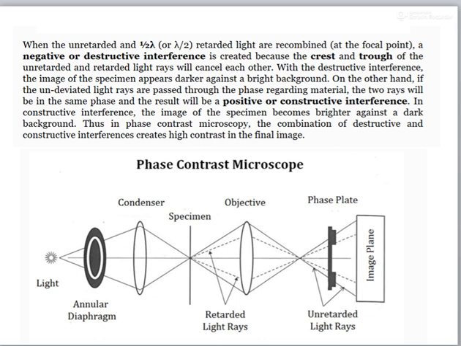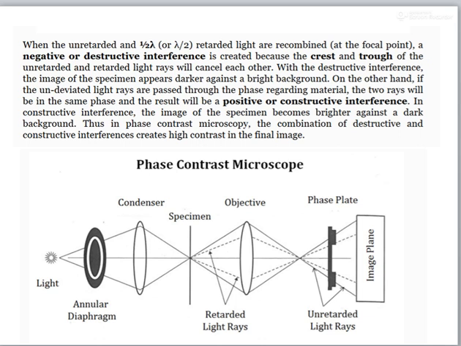On the other hand, if the undeviated light is passing through the phase retarding material, sometimes the two rays would be in the same phase. Depending on the region, at some regions they would be in phase and at some regions out of phase.